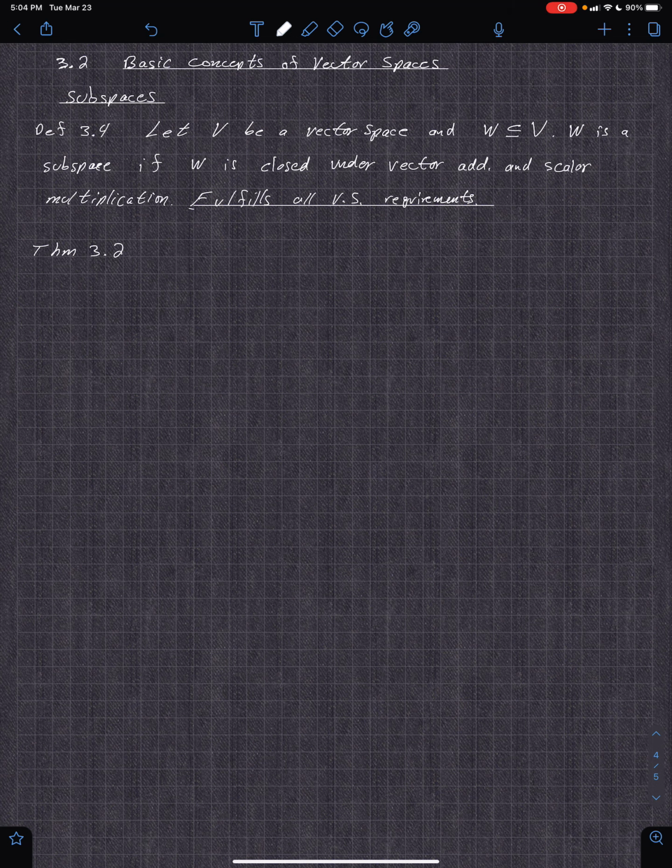Let me read it to you: a subset W of a vector space V is a subspace. That's what we're actually defining. Let me highlight that: where addition and scalar multiplication of vectors in W produce the same vectors as their operations in V. So it's what you'd expect. And as I wrote up here, the theorem is really just specifically stating all you've got to show is closure.